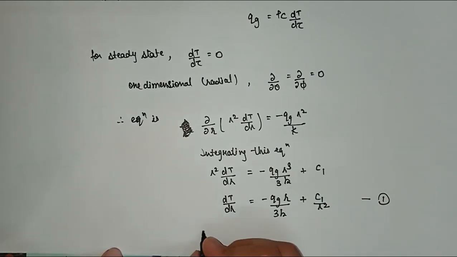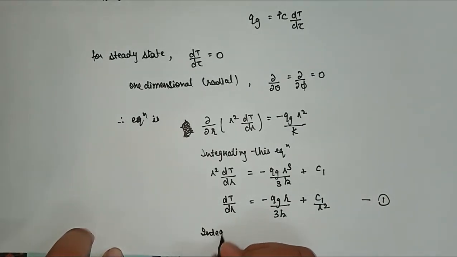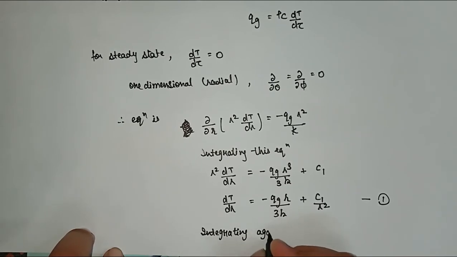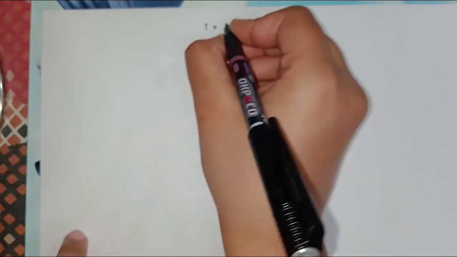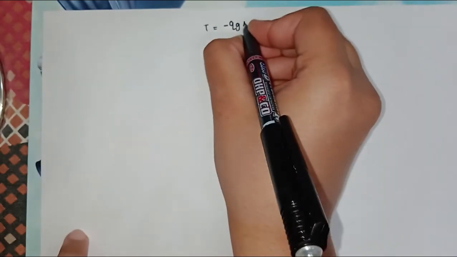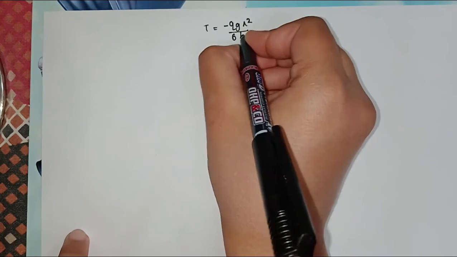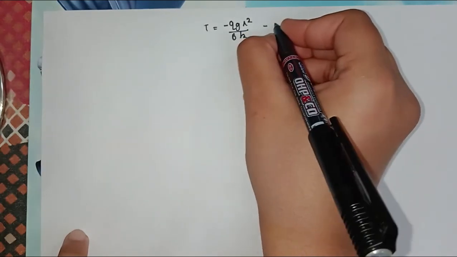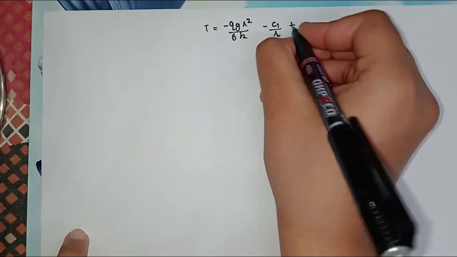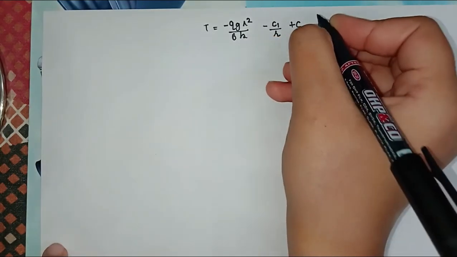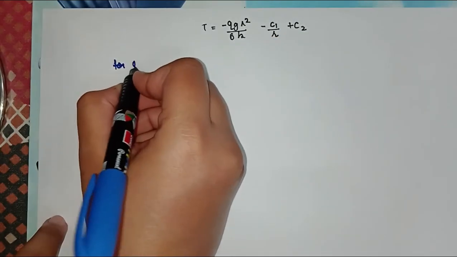Let's name this equation 1. Now integrating this equation with respect to r again, we will get T equals minus qg r square divided by 6k minus c1/r plus c2, where c2 is the integration constant.